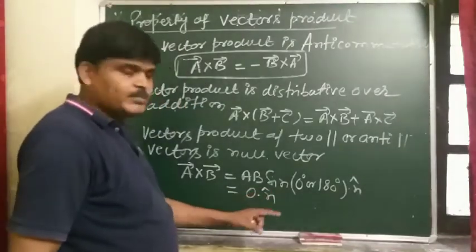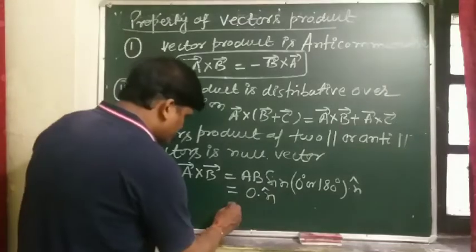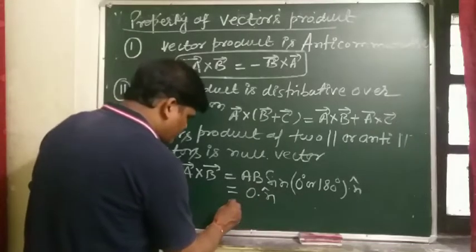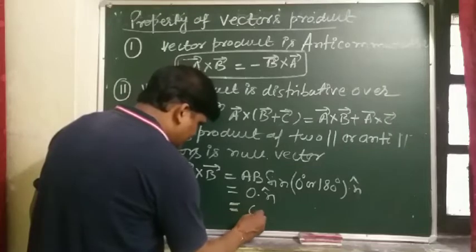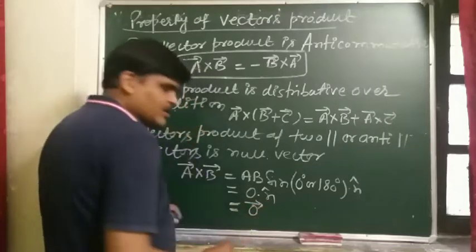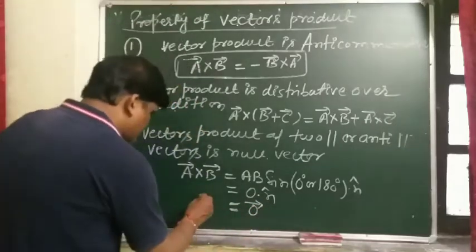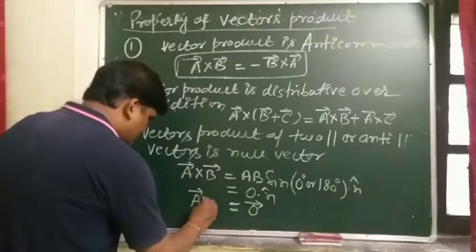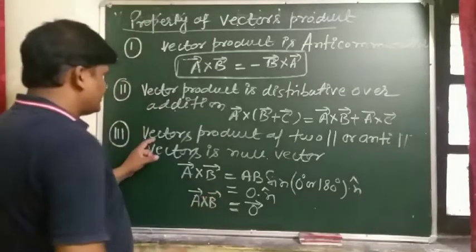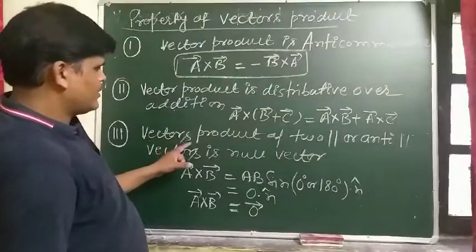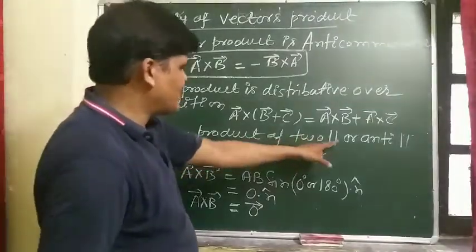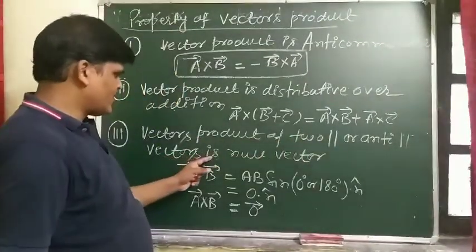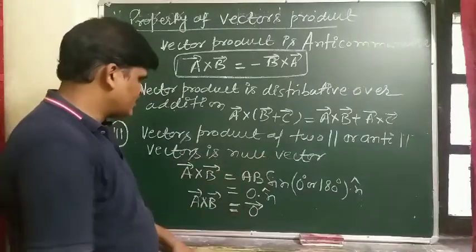When 0 is multiplied by a vector, a null vector comes out, which is represented by the zero vector. So the vector product of two parallel or anti-parallel vectors is a null vector.